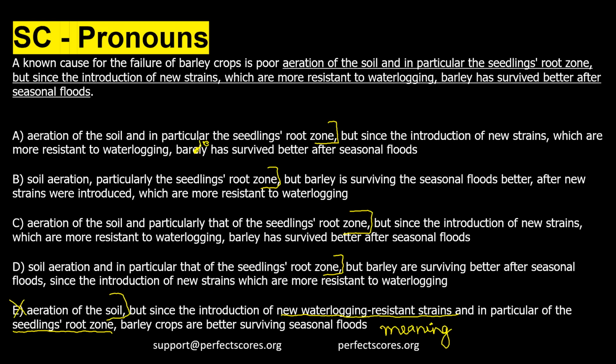Okay, if you had to make a choice between soil aeration and aeration of the soil and the zone, which one do you think is better? It's either AC or it's BD.